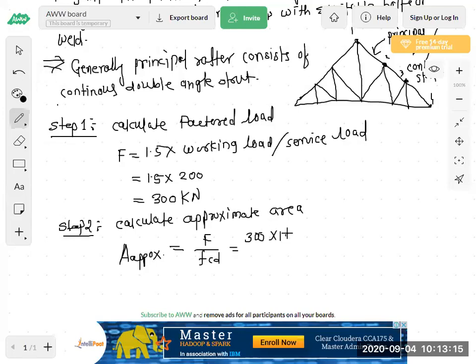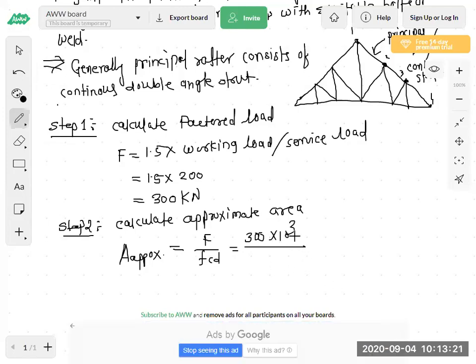So 300 into 10 raised to 3, because this is in kilonewton, we have to convert into Newton, because the fcd value is in Newton per mm square. We have to assume the fcd value first. So assume fcd for the double angle section as 100 Newton per mm square, because we have to assume between 90 to 120. So we will assume 100.